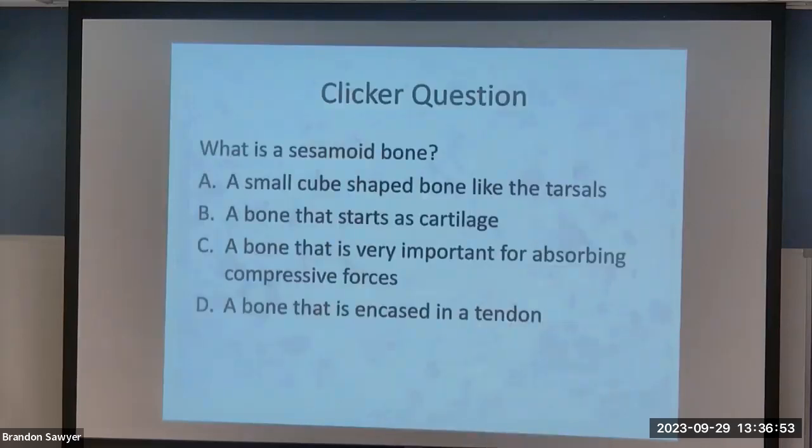Let's see how many of you know this one here. A sesamoid bone. Go ahead, talk to the people on your team, decide what you think and send it in on your clickers.